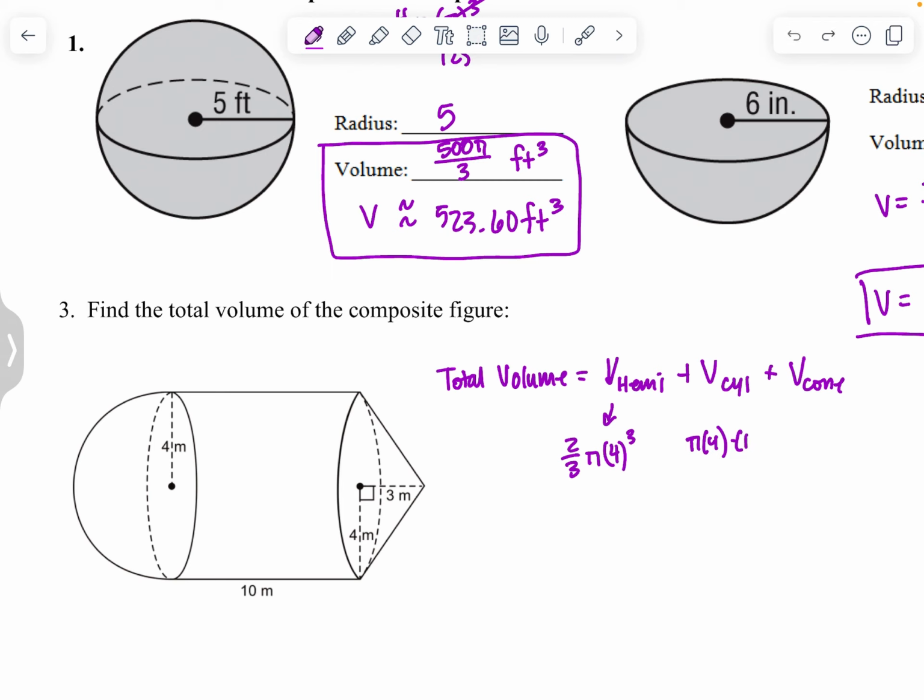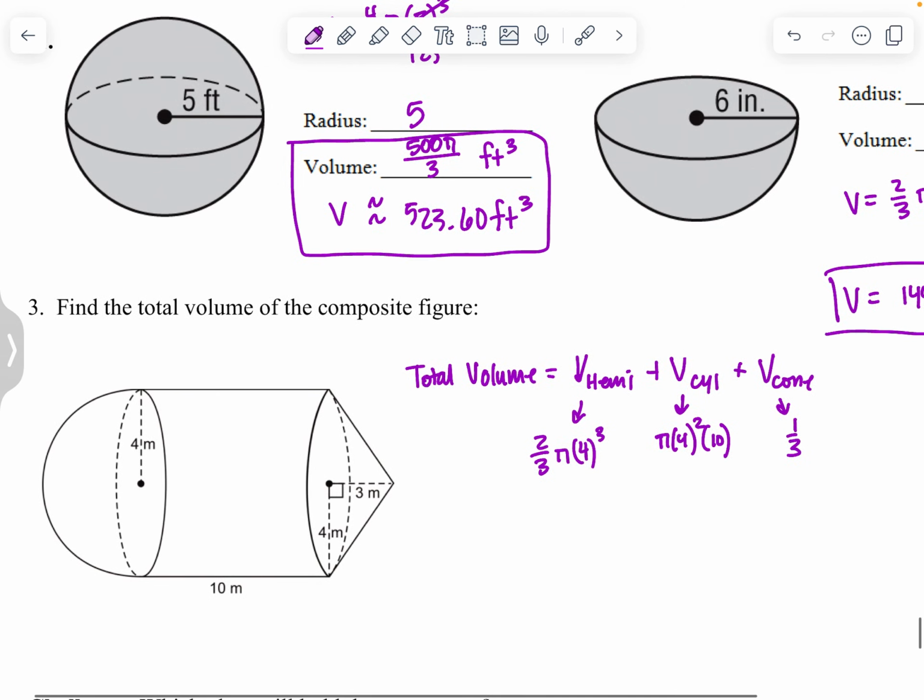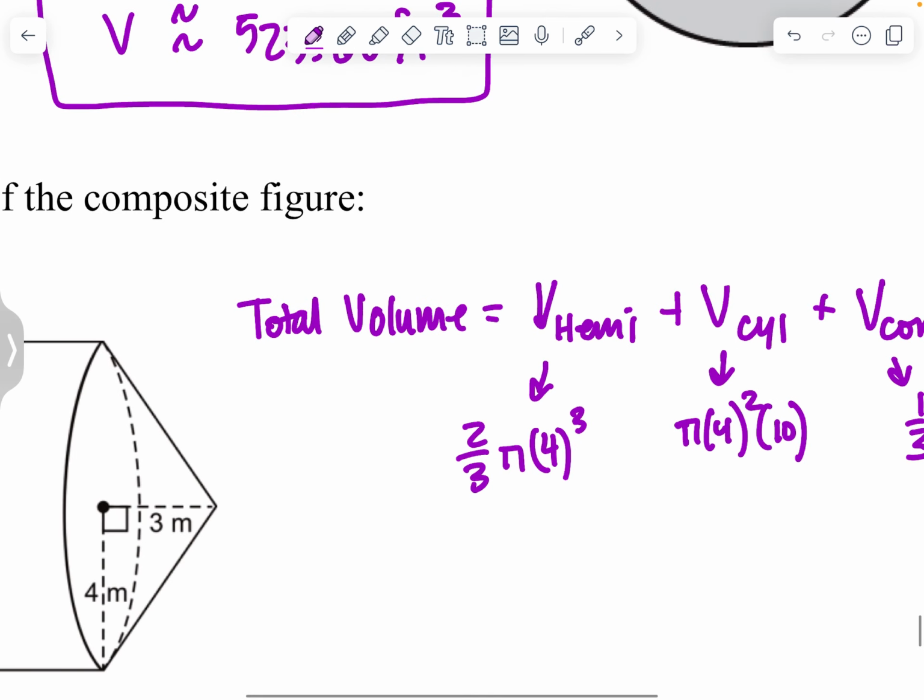Oops, this is pi r squared. And then the altitude of 10. Now the volume of a cone is equal to 1/3, then we'll take the area of the base. Once again, it is pi times 4 squared, and then multiplied by the altitude. The altitude here is 3. Okay, so let's do this all individually.